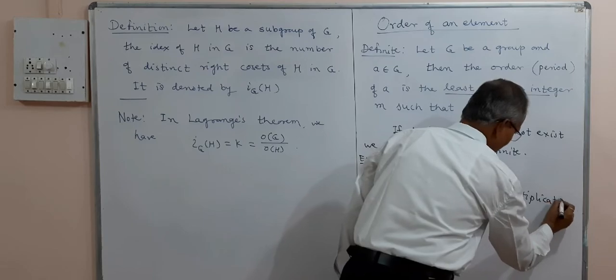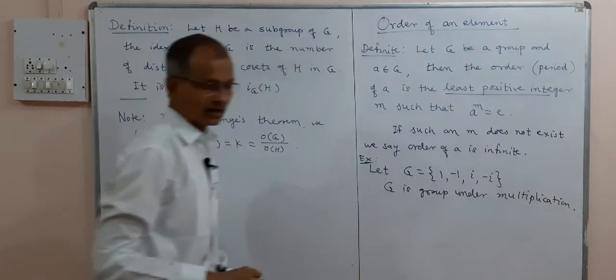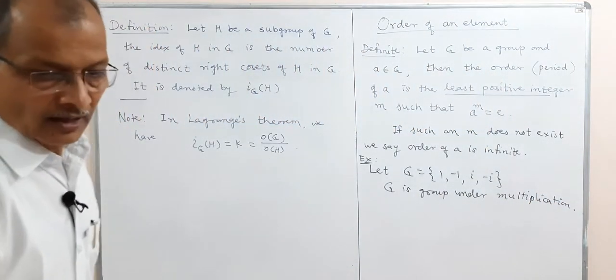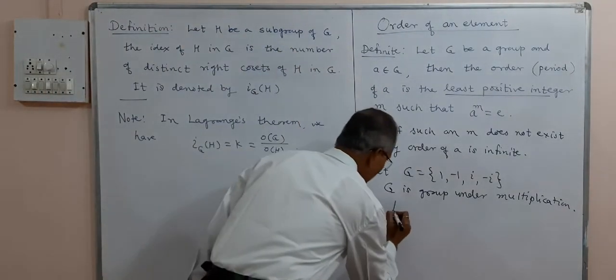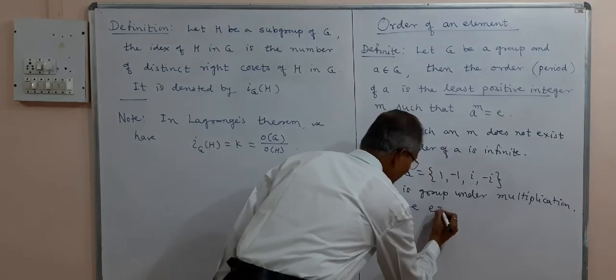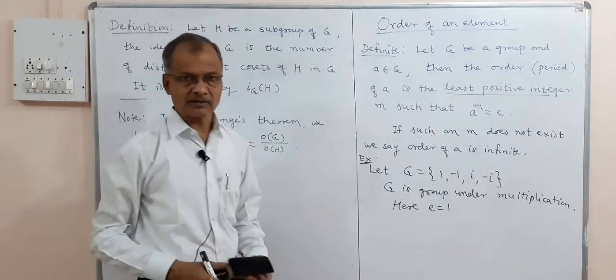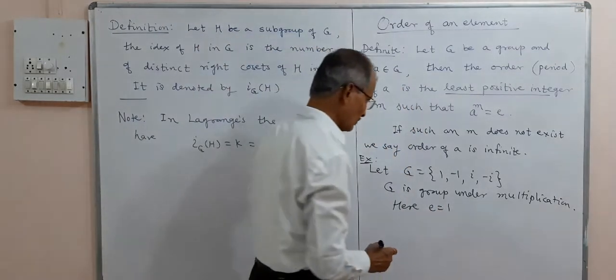In this group, we shall consider the order of elements. Now what is the identity? We have to fix the identity. Here e is equal to 1, since for the usual multiplication the identity is always 1.